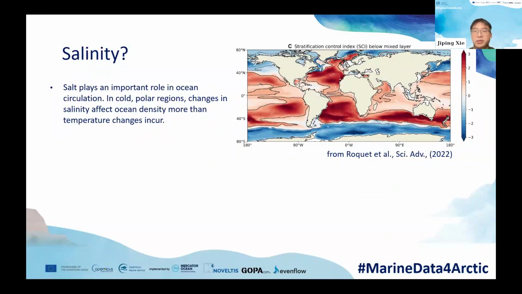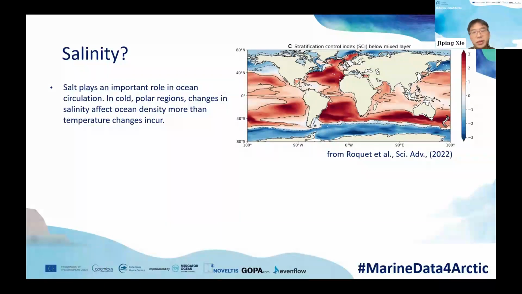The red color means temperature is the most important. The blue color means salinity becomes more important to control the stratification. So in the Arctic region we should know more details about salinity and how it impacts the ocean density.